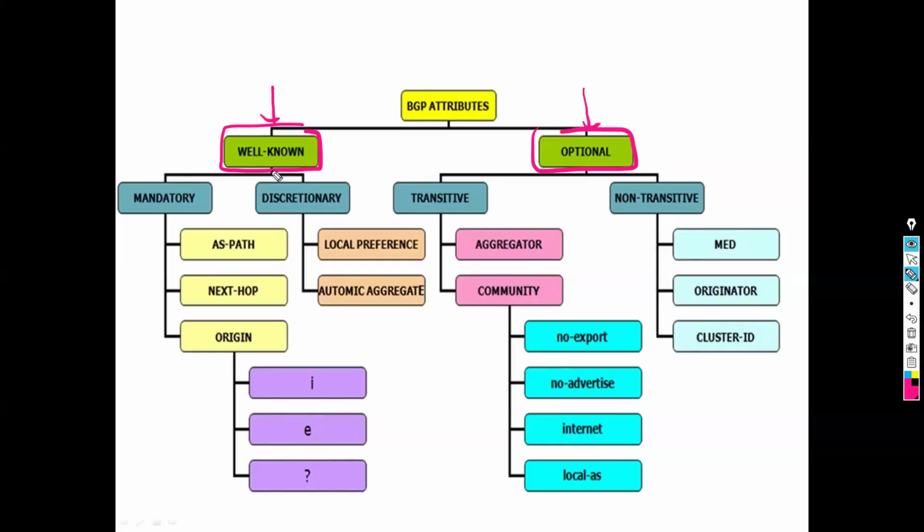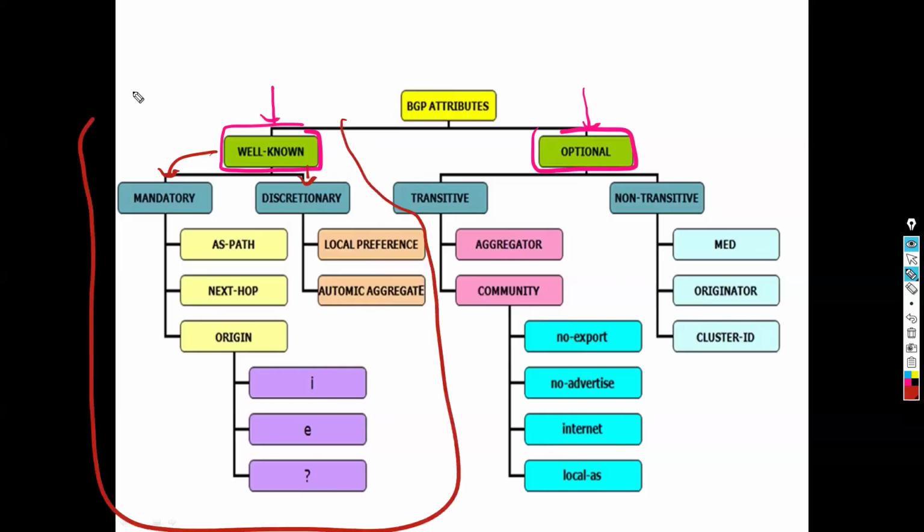In well-known, we have two options: mandatory and discretionary. Let's focus on this portion first.